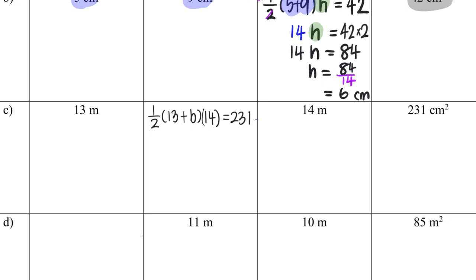Well, I saw that half times 14 can give me 7. And I'm going to divide by 7 on both sides, so that the 7 can divide off, and I'm left with 13 plus B equals 231 divided by 7.